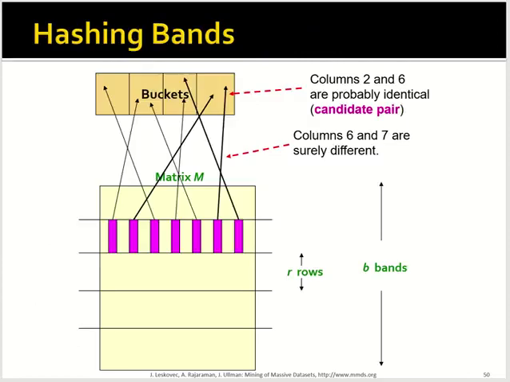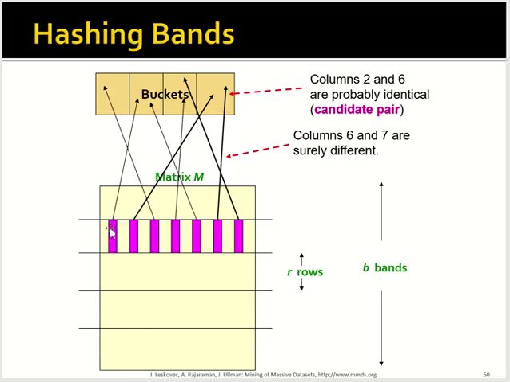When we hash the bands into different buckets, this figure illustrates that, for any band, column 2 and column 6 are probably identical, so they can be mapped into the same bucket.